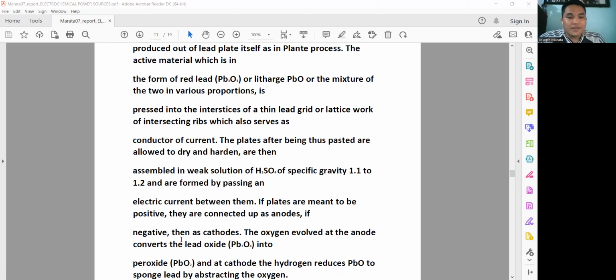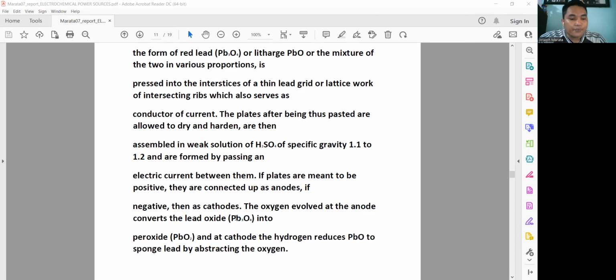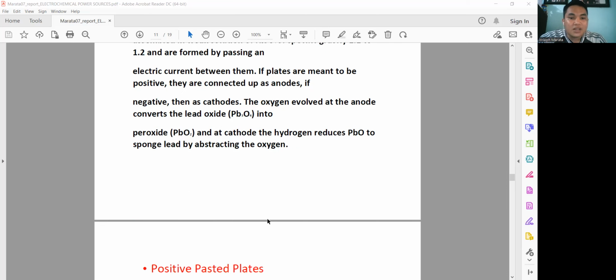If negative, then as cathodes. The oxygen evolved at the anode converts the lead oxide or lead tetroxide into peroxide, and the hydrogen reduces the lead oxide to sponge lead by attracting the oxygen.